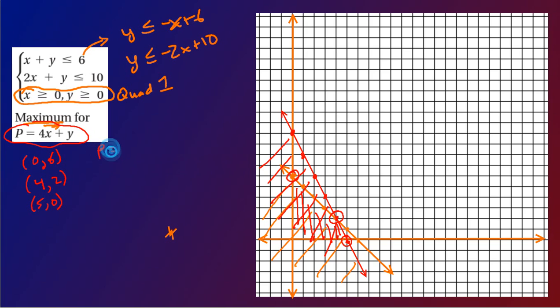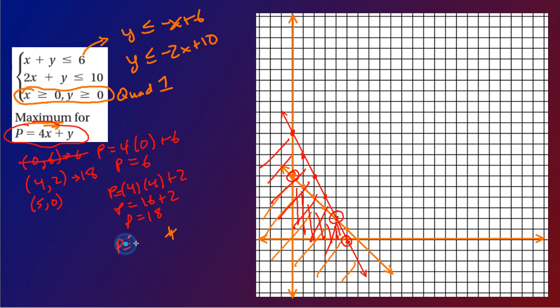And let's see here, p equals 4 times 0 plus 6. So 6. So this one gives me a 6. This one, what does this one give me? So p equals 4 times 4 plus 2. So 16 plus 2, 18. So I know that this one's not the answer because it wasn't the maximum.